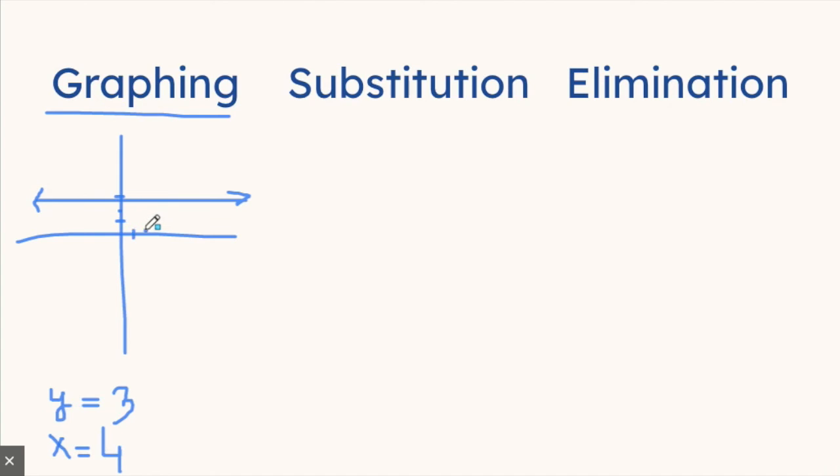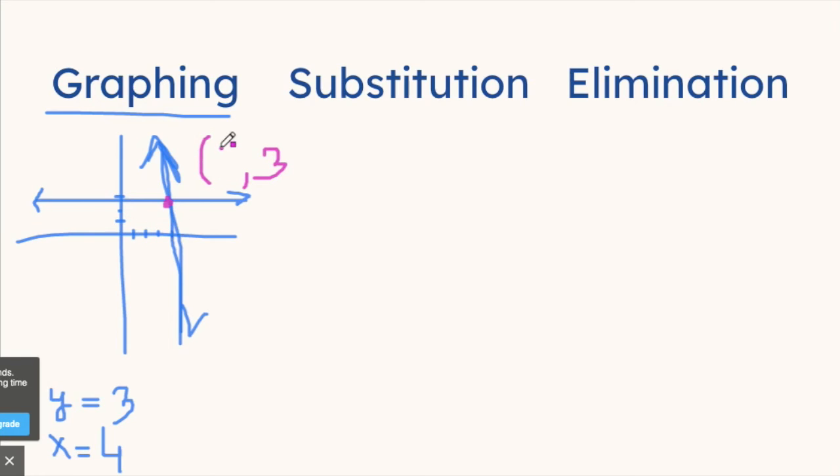So we find x: 1, 2, 3, 4. And that's our line. So that goes through 4. And the solution would be where they intersect, which is right here. So in this case, we have one solution, and it is here, which is 1, 2, 3. y is 3. x is 1, 2, 3, 4. x is 4.